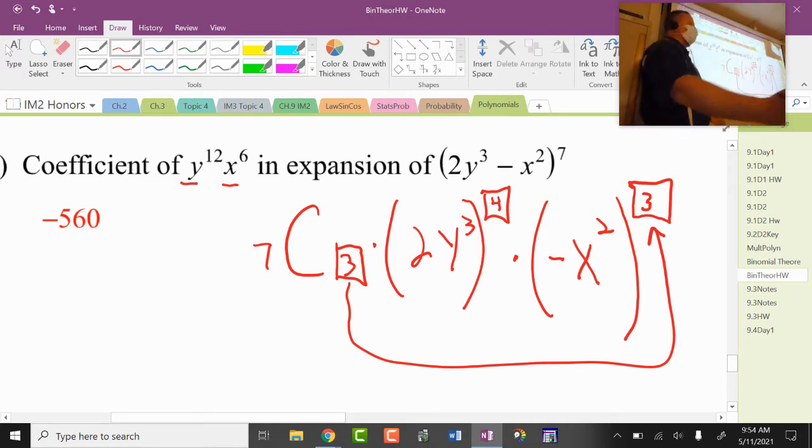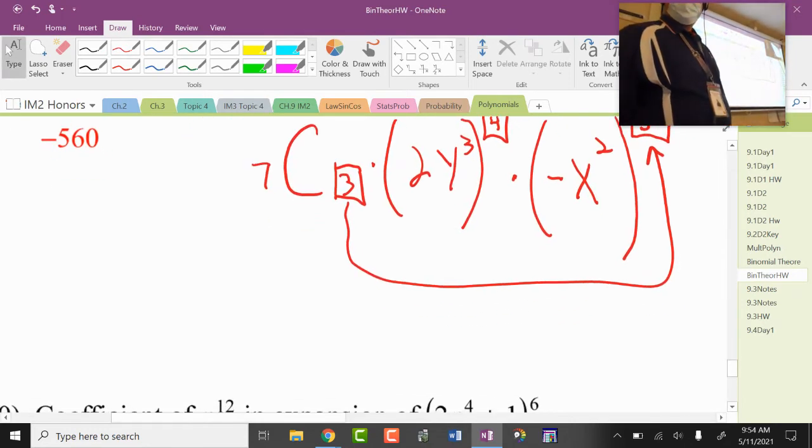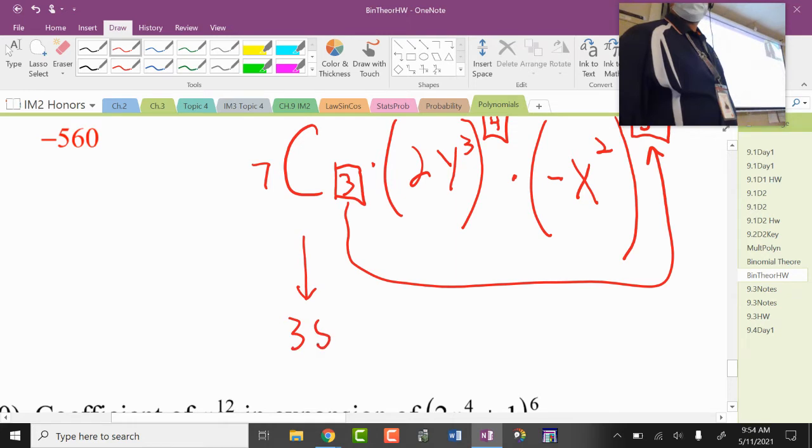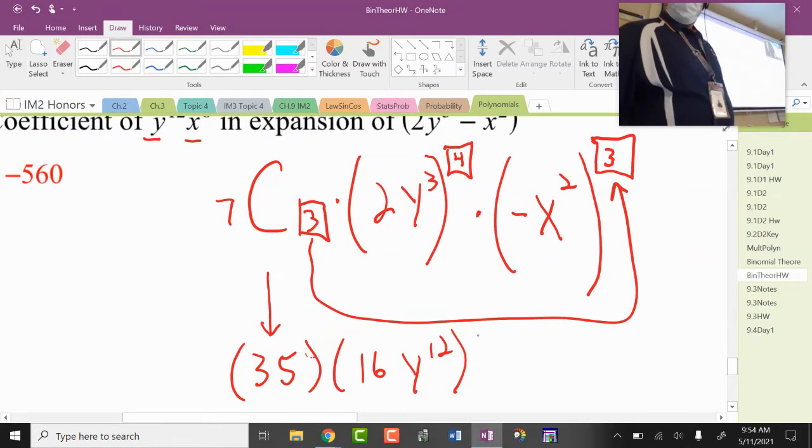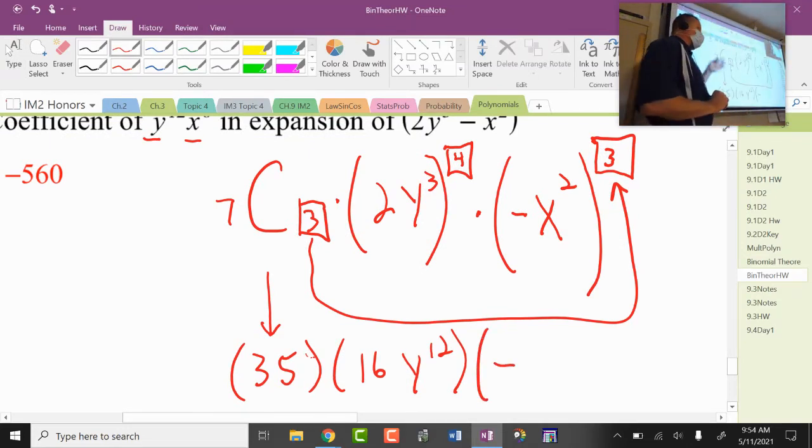So we're done. Now all I have to do is go to the calculator, and I only have this down in my head because of last hour we did this. 7C3 is 35. 2 to the fourth is 16. Careful, a negative raised to the third power is a negative.